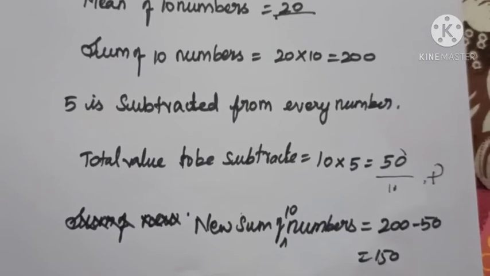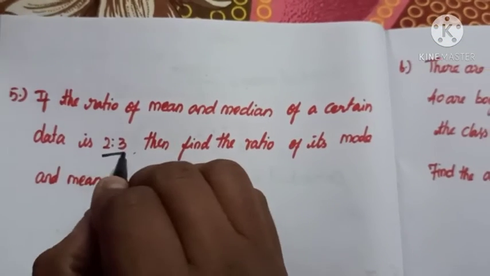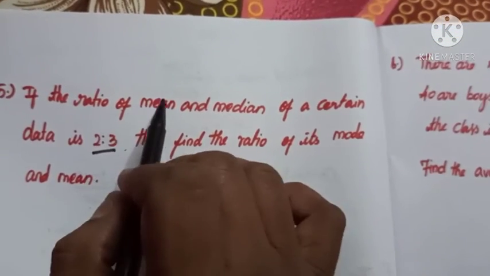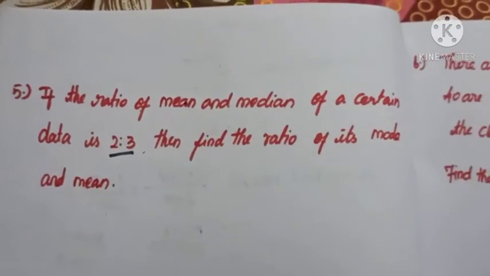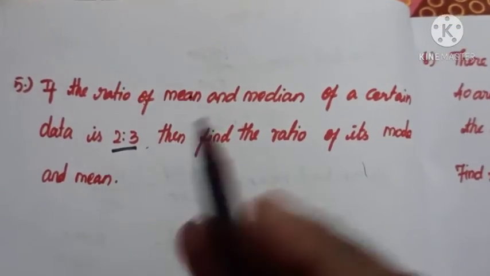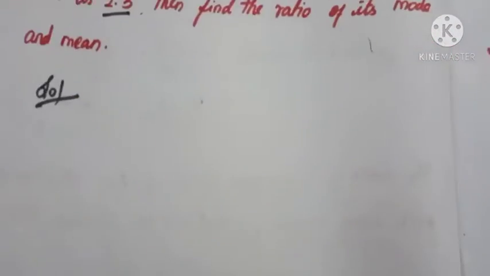Next we move on to question number 5. This is also a mean and median problem in the ratio method. If the ratio of mean and median of a certain data is 2:3, then find the ratio of mode and mean. First we need to write the given values.